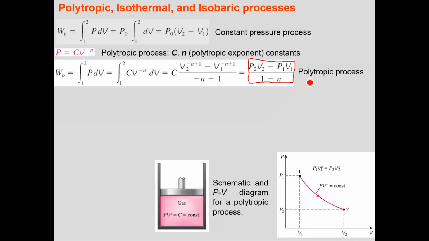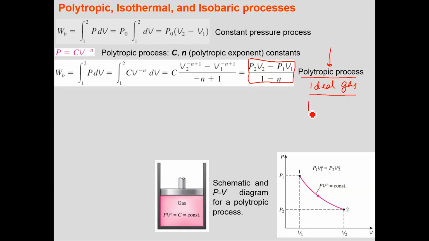Now I say that the fluid which is going through the polytropic process is also an ideal gas. This is a further classification, that the fluid undergoing the expansion or compression under a polytropic process is an ideal gas.